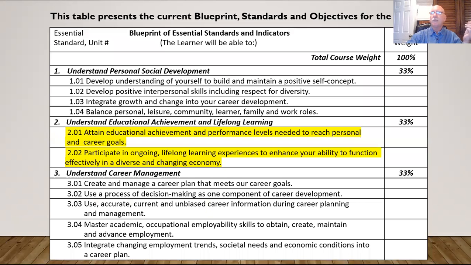Here you can see the blueprint for this course. And in Unit 2, I've highlighted in yellow the one objective I just read. The second objective is participate in ongoing lifelong learning experiences to enhance your ability to function effectively in a diverse and changing economy.